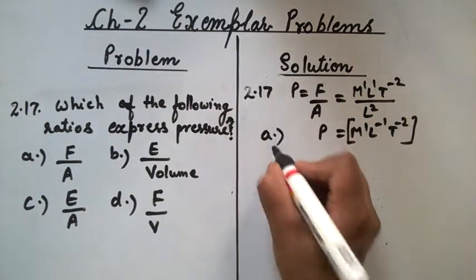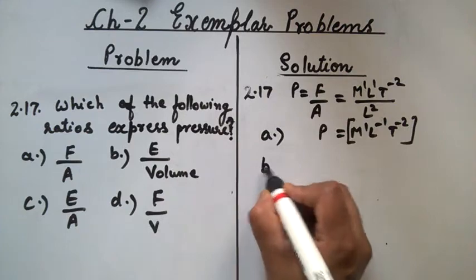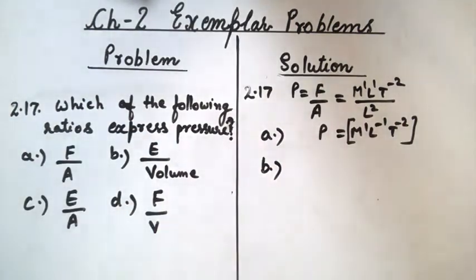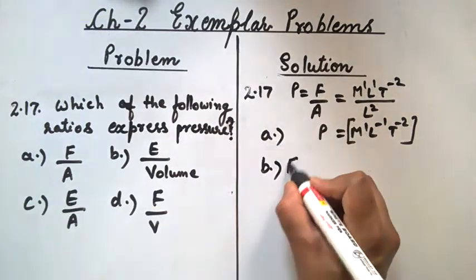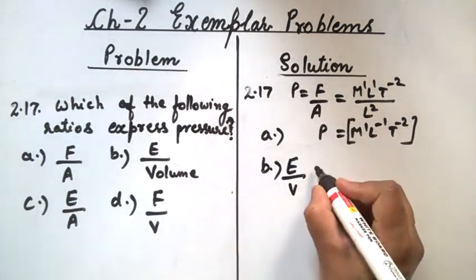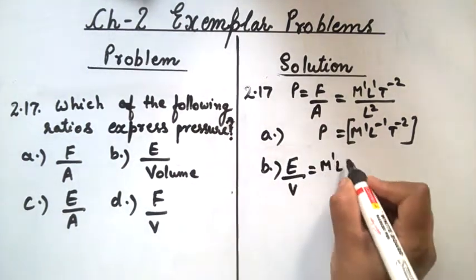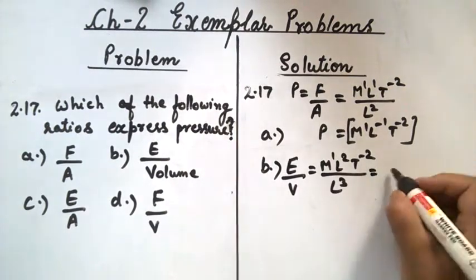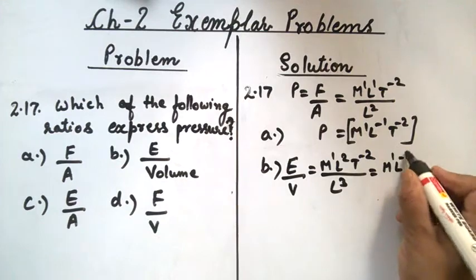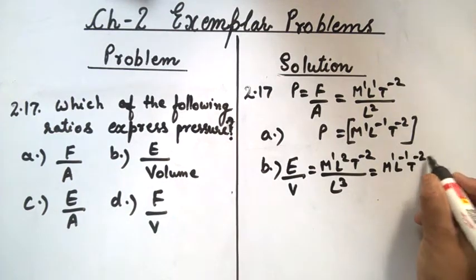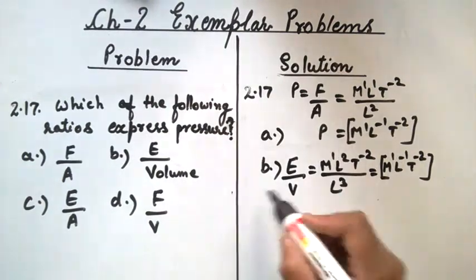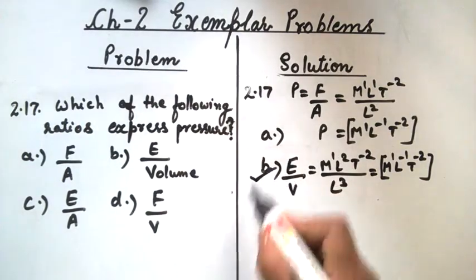So A follows. Now B is given by energy by volume, that is m1 L2 T minus 2 by L cube, and it is equal to m1 L minus 1 T minus 2. Its dimension is also similar to pressure, thus it also expresses pressure.